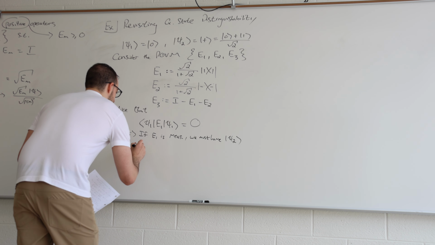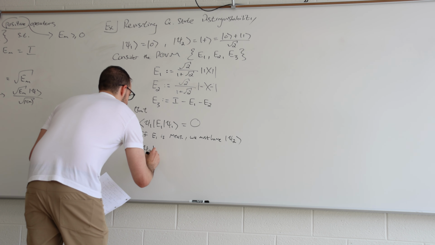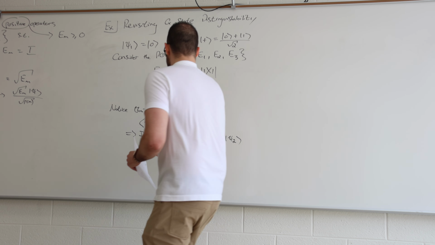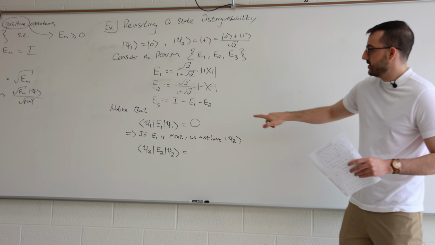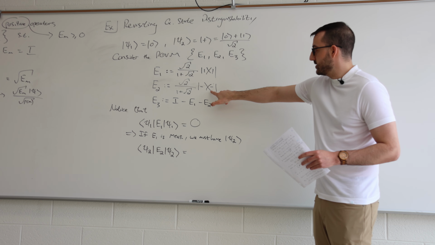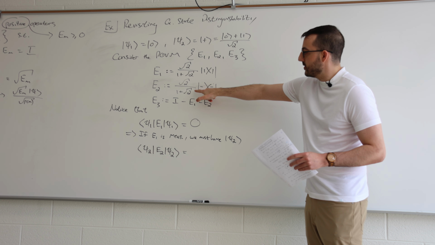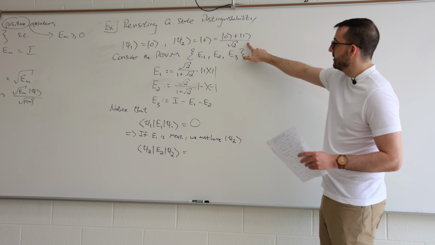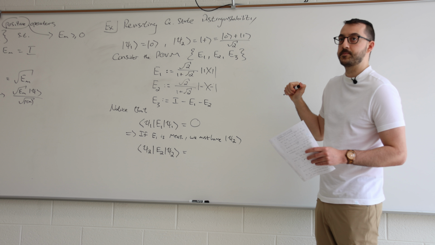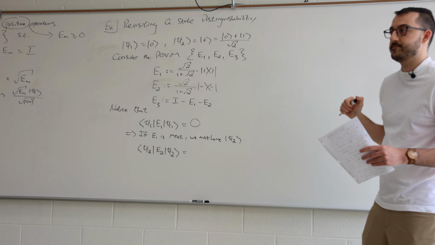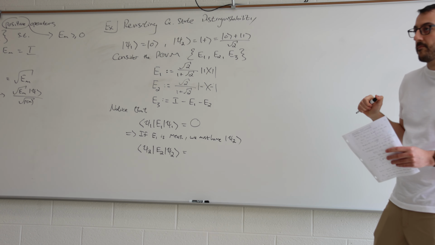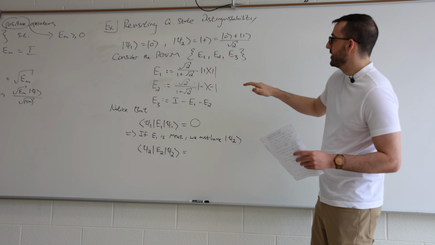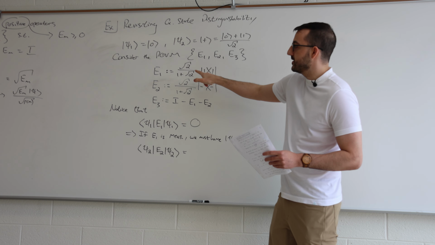So this is the first thing. Now let's compute psi2, E2, psi2. Can anyone tell me what this one evaluates to? Second POVM element, projector onto the minus state, and then there's some coefficient, but that doesn't really matter. And then the state psi2 itself is the plus state. So you're familiar with 0 and 1 being orthogonal.